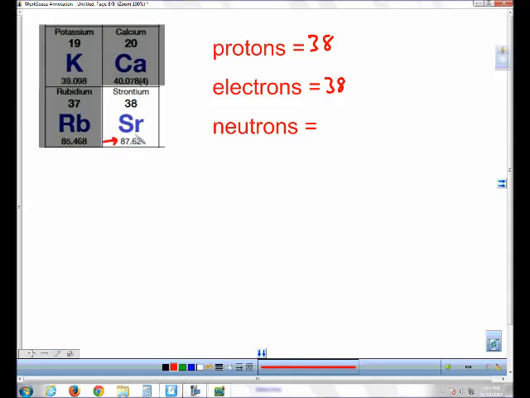So this is a 6. If it's 5 or higher, we round up. So 87.6 rounds up to 88. So it's 88 minus the atomic number, which is 38. And that gives us an answer of 50. And so strontium has 50 neutrons. So there you go.